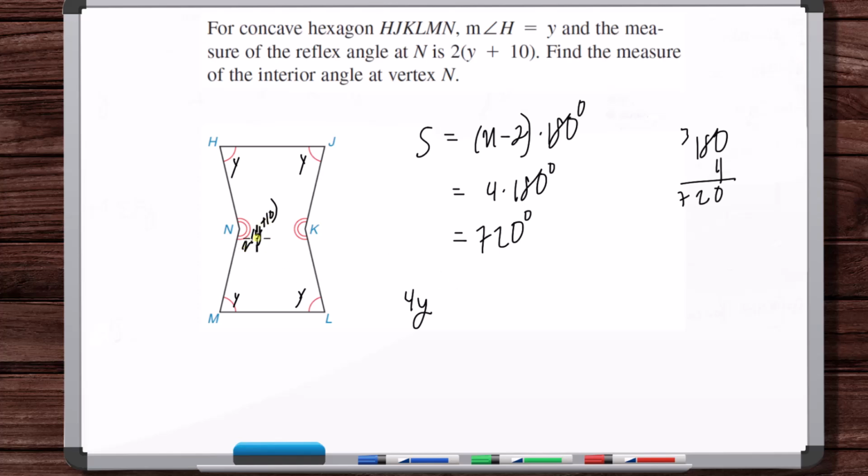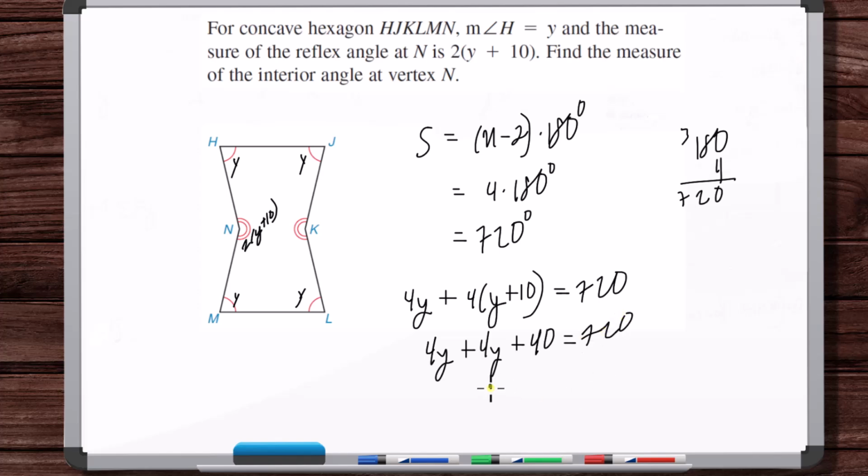And if we take 2 of these, 2 times y plus 10, that's going to be 4 times y plus 10. This needs to add to 720. So 4y plus 40 is equal to 720. 8y is equal to 720 minus 40 is 680.